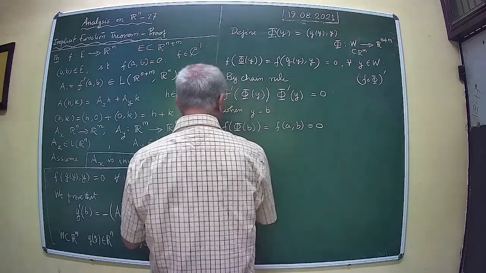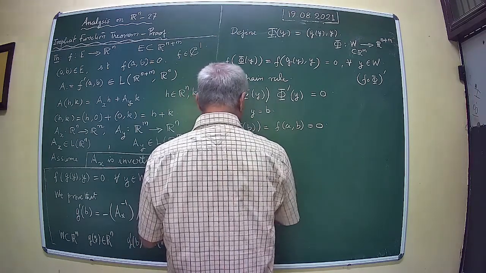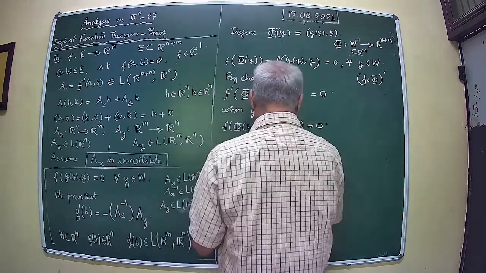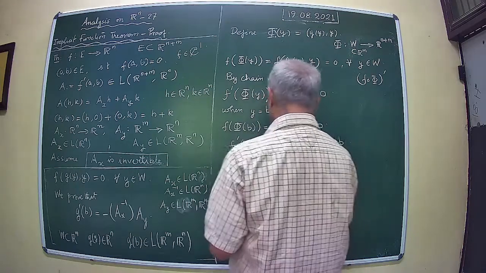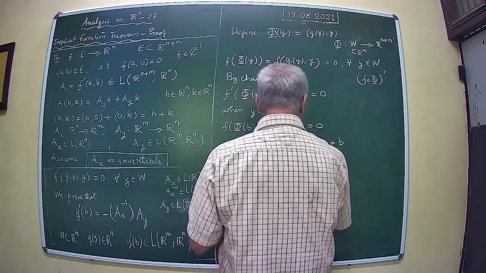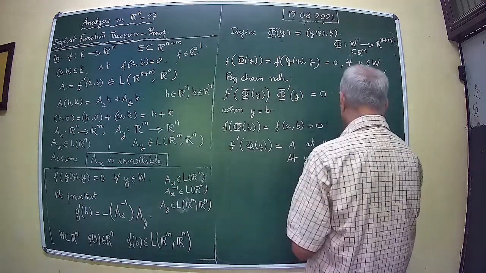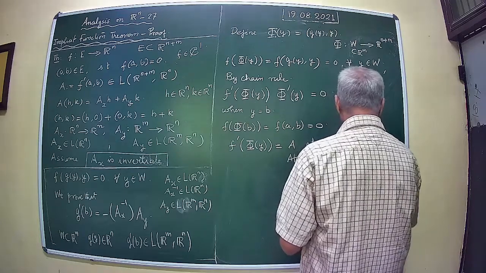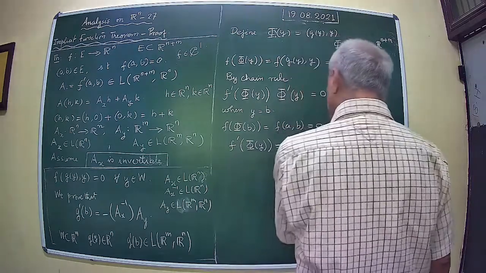Now F derivative of, this is equal to A at Y equal to B, because this essentially was at Y equal to B, F phi Y, AB, which is equal to 0.